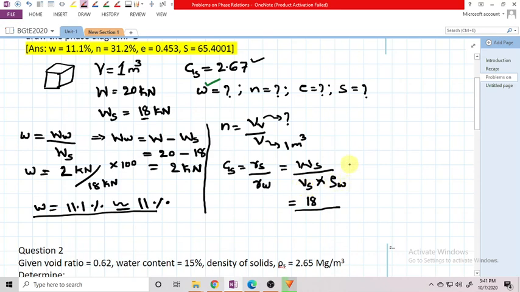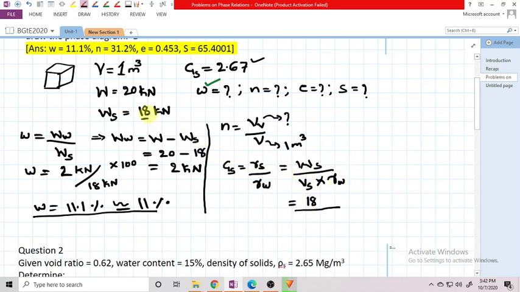Sorry, this is not density, it is unit weight. Same thing, the unit weight of solids is nothing but weight of solids by volume of solids. Anyway, the unit weight of water remains the same.